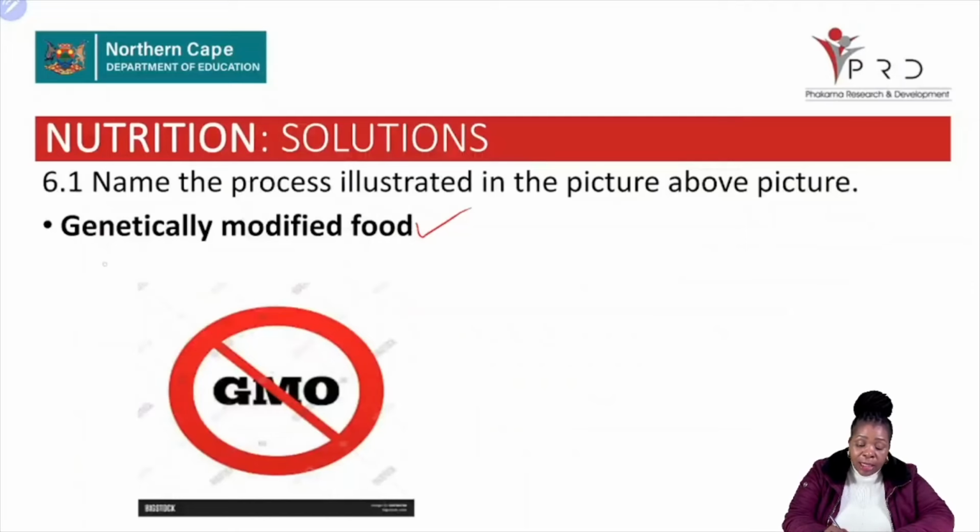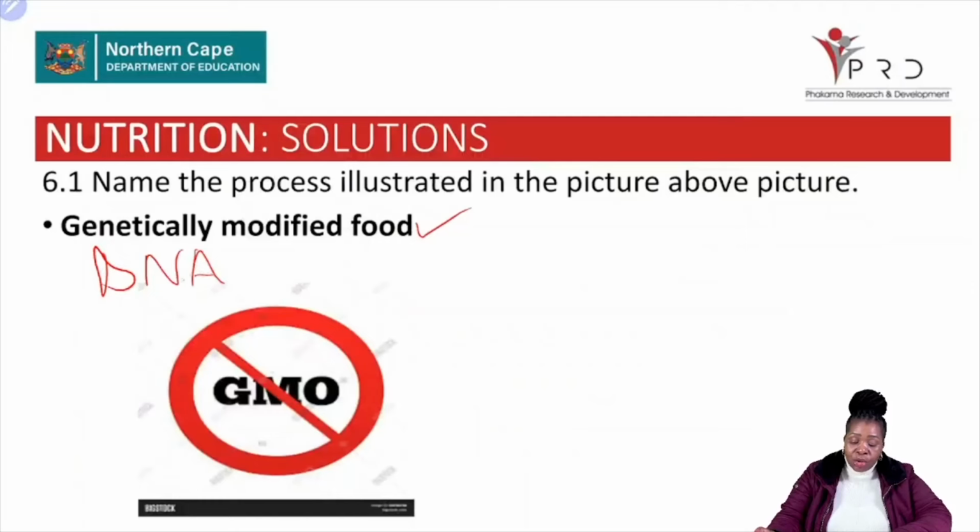So basically, it has to do with DNA manipulation. Right. So sometimes on foods, we see this sign written GMO and then it's crossed. It means this is not a genetically modified food. So that's what that sign represents. I'm sure we have seen it in many foods.